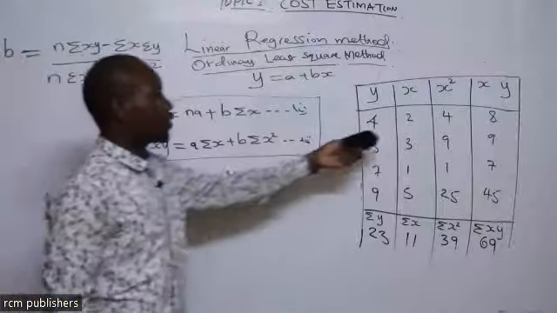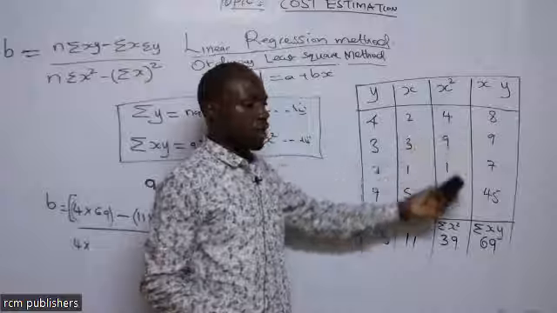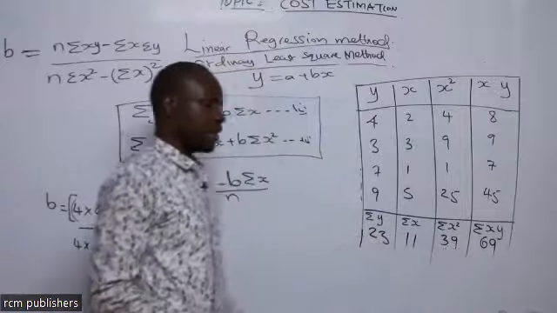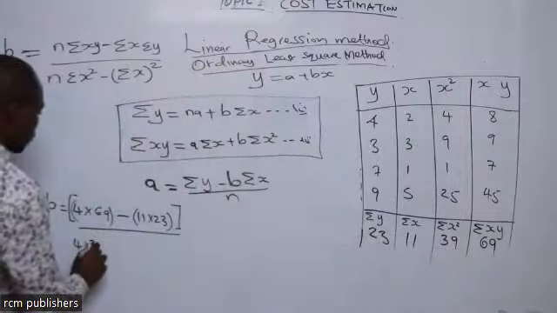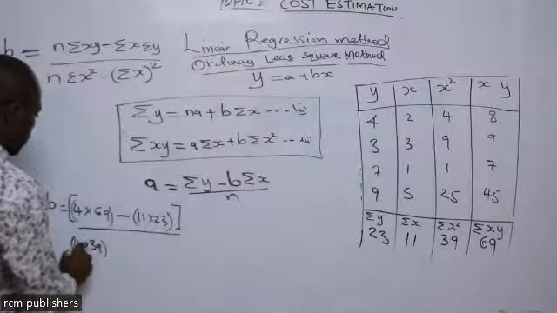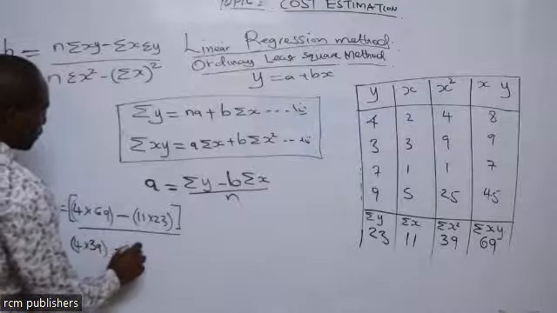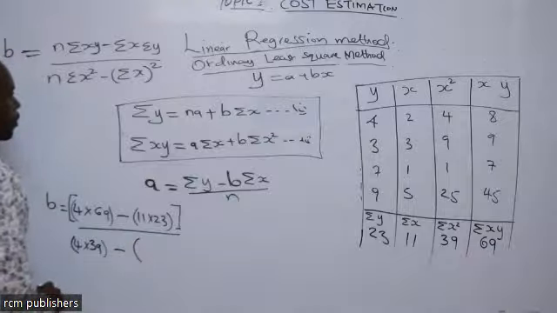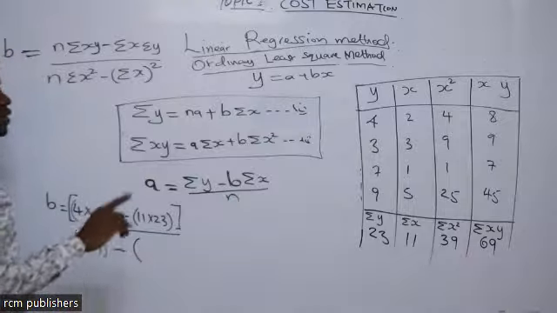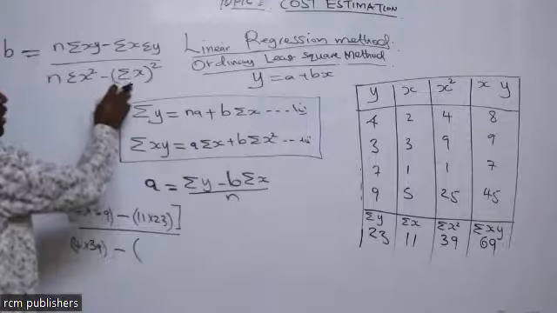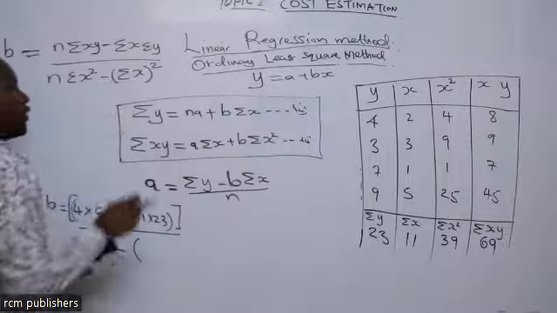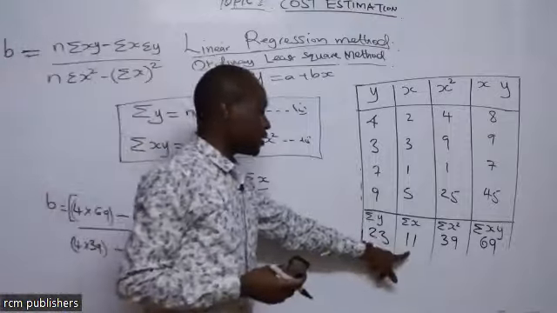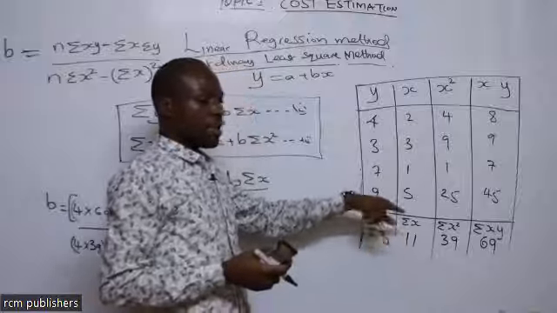We now come to this column of x squared. The total is 39. We multiply by 4. Then minus summation of x, squared. And this is the x squared we are referring to. They are taking this summation of x and squaring that particular value.